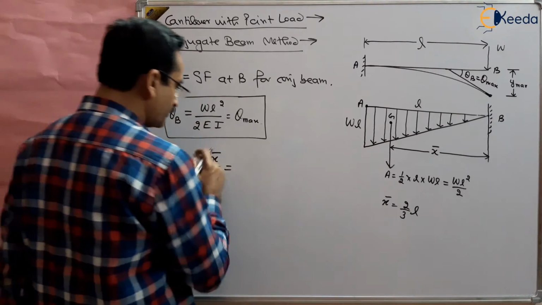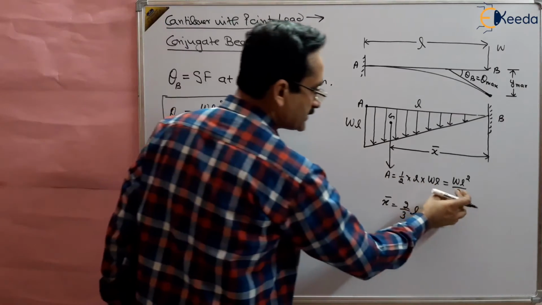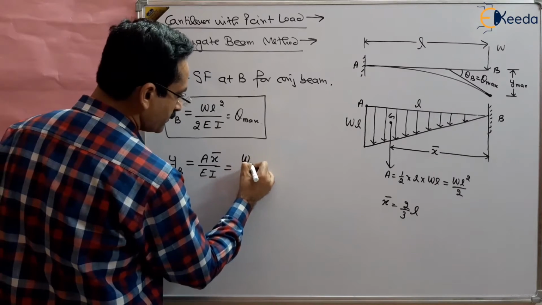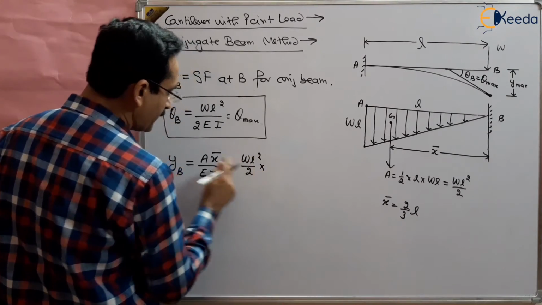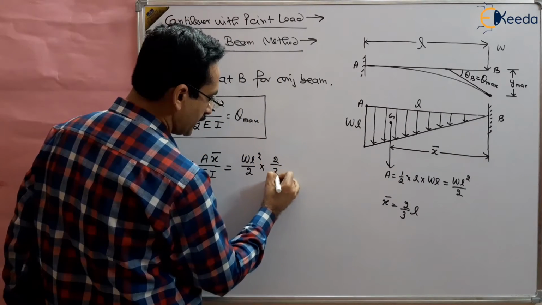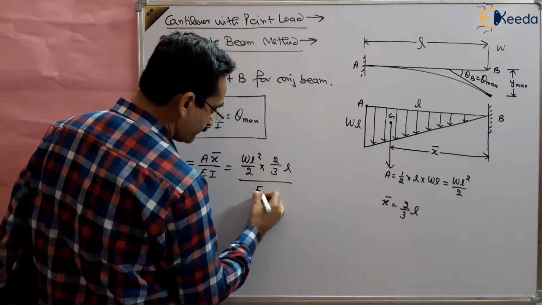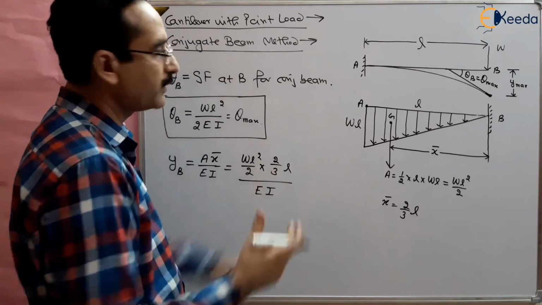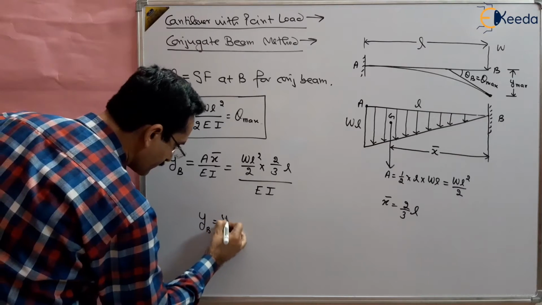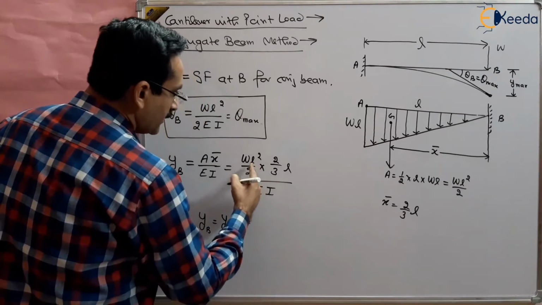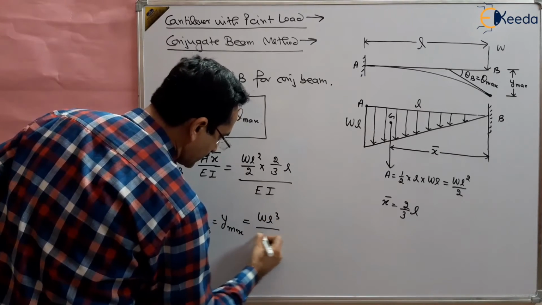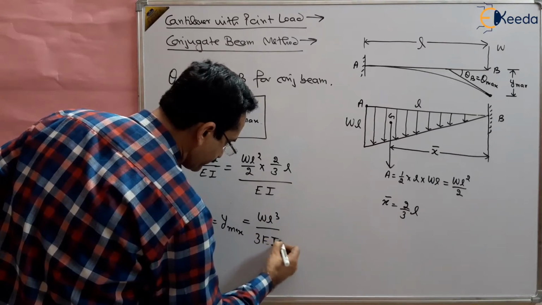The area of this triangle is WL square by 2, multiplied by X bar, which is 2/3 of the length, divided by EI, which is the width of the conjugate beam, right? So YB or Y max will be equal to WL cube by 3EI.